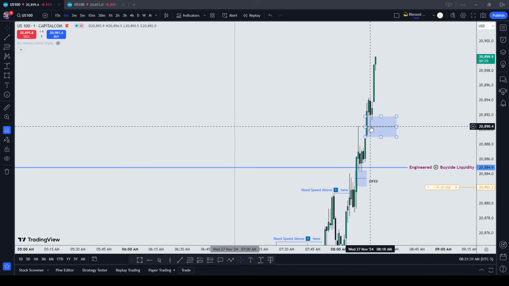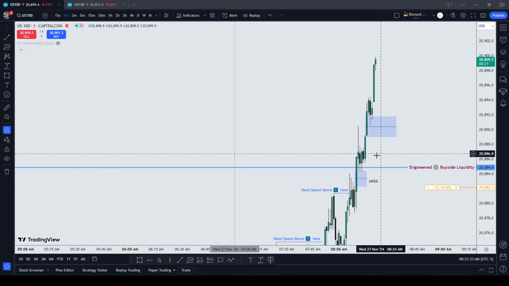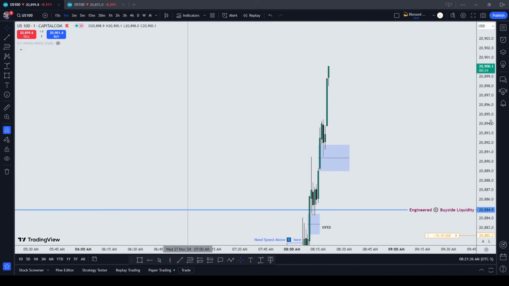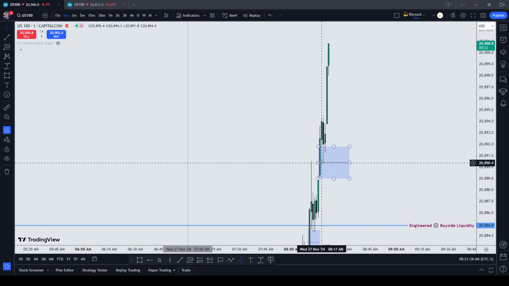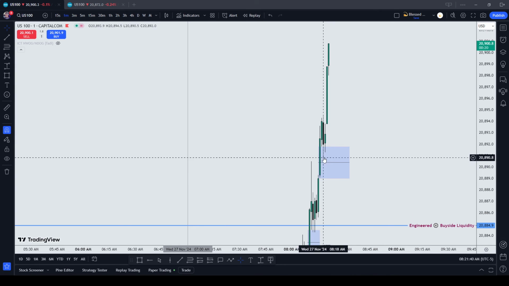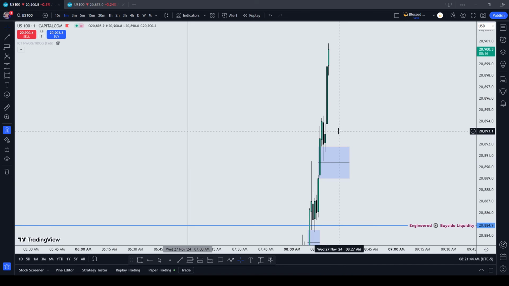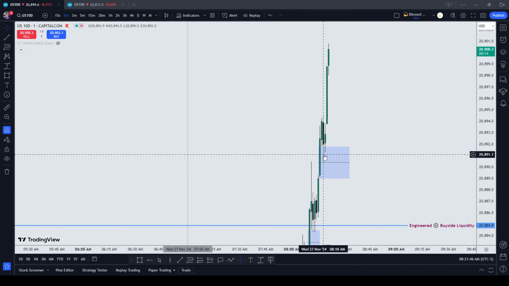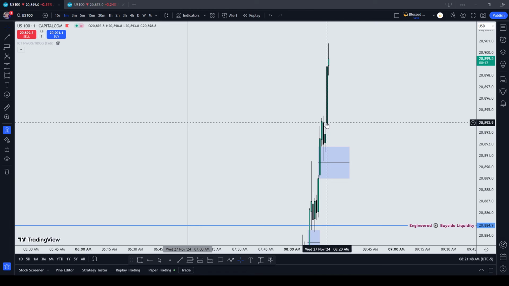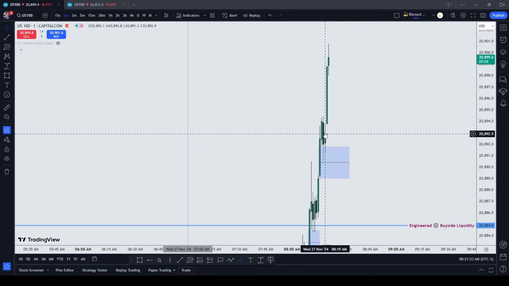This is consequent encroachment. What did he do? Fell short of what? Let's get real up close. He fell short of consequent encroachment. That's signs of what? Bullish order flow. Then we start to leave it and run away. What did we create? A volume imbalance. This right here, I'm looking at this to be a breakaway gap right here.